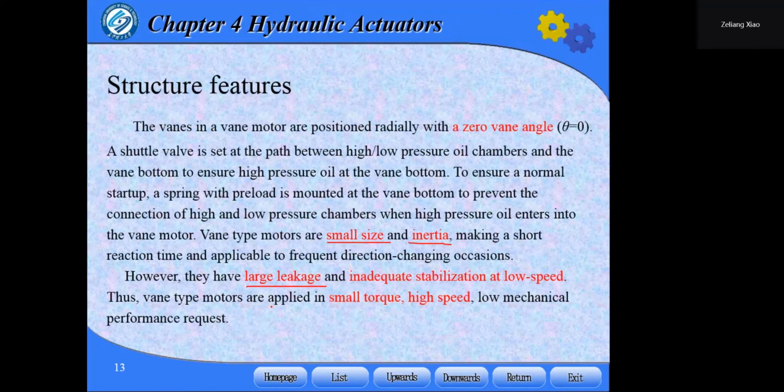Thus, vane-type motors are applied in small torque, high speed, low mechanical performance requests. Vane-type motors are small size, small inertia, but they have large leakage, and so they are commonly applied in small torque, high speed, low mechanical performance requests.